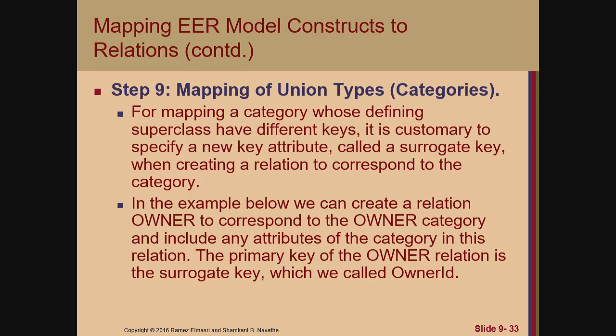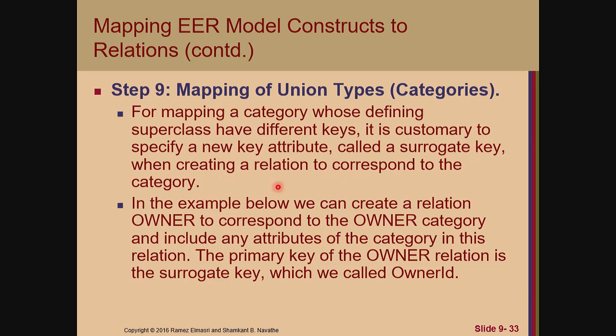Okay, union type, mapping union. For mapping a category whose defining superclasses have different keys, it is customary to specify a new key attribute called a surrogate key. Actually, when you union the subclasses together, the classes that you want to union have their own keys and different types of keys, so you have to generate a new one we call a surrogate key.